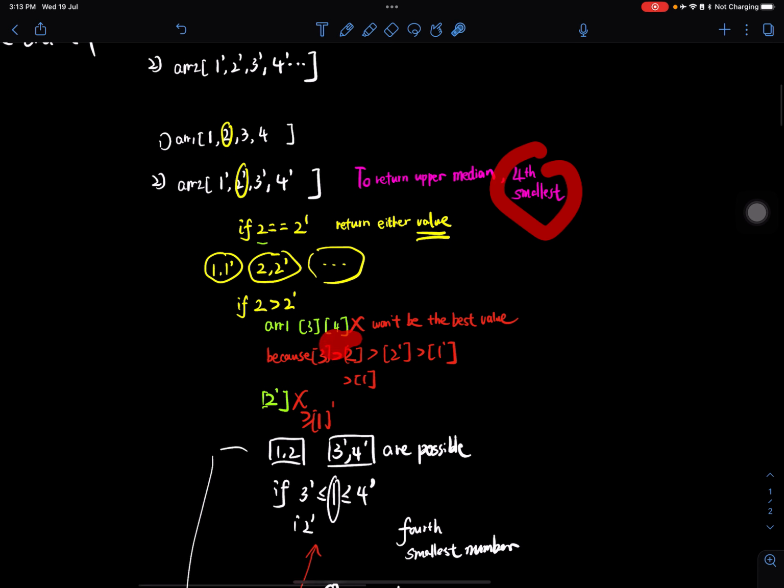Similar logic applies to the value of index 4, and for 2 prime also it cannot be included, because 2 prime is only greater than 1 prime, and 2 is already greater than 2 prime.